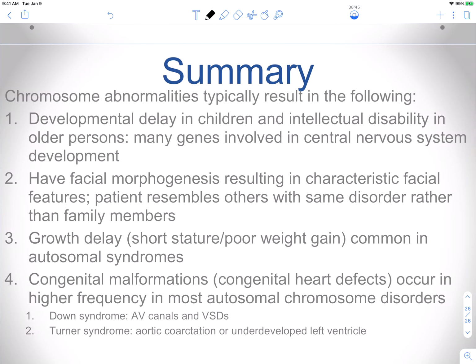Okay, so overall, we have chromosome abnormalities. So we've talked a little bit about the trisomies, the monosomies. It depends on what chromosomes are affected. There's only certain ones that are viable. You can have duplications, deletions.